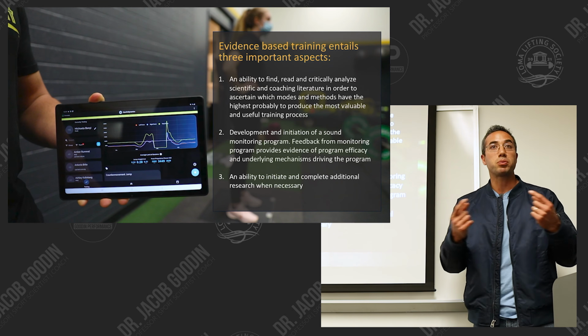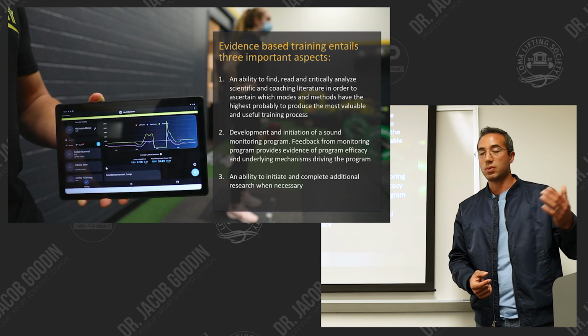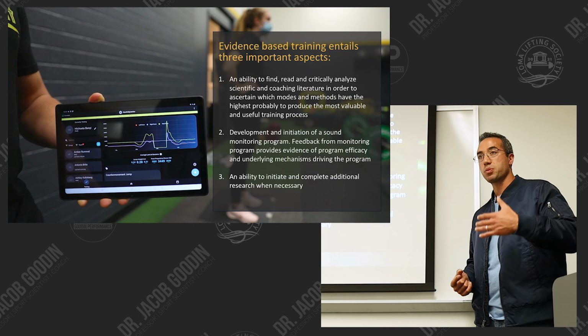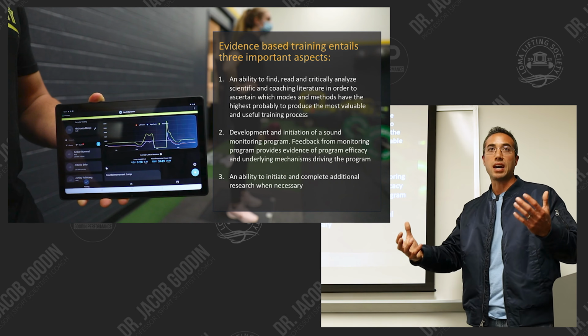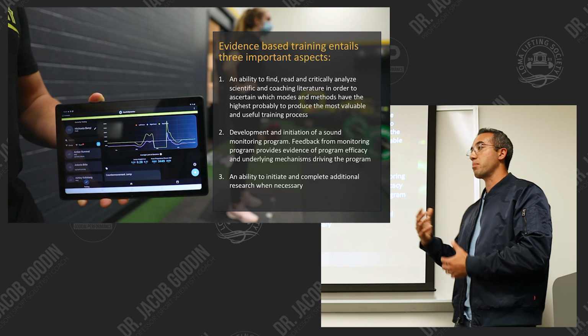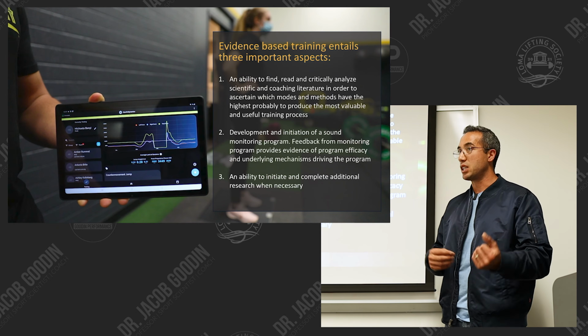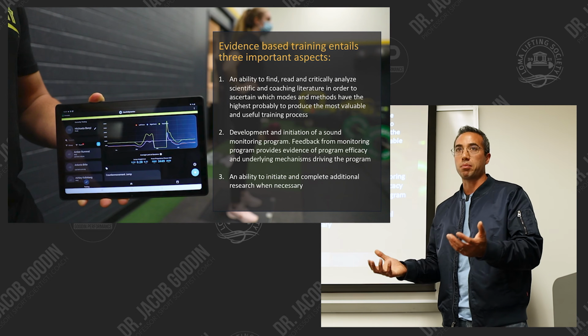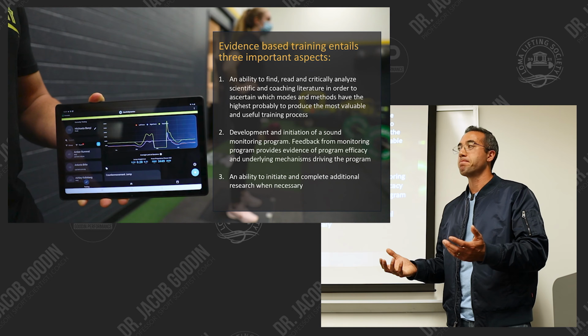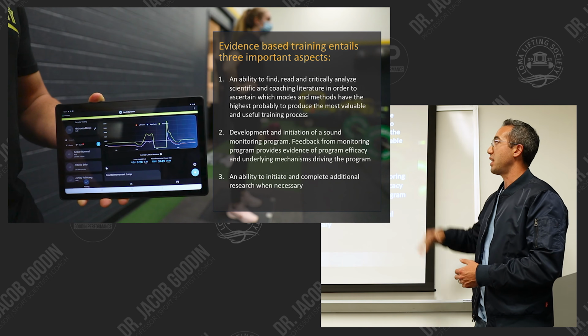But should they at least be reading coaching textbooks or the coaches magazines or the coaching publications? Yes. Should they at least know some semblance of basic physiology and the human response to training? Yeah, probably. That would be a good idea. So that's the first part of evidence-based practice.